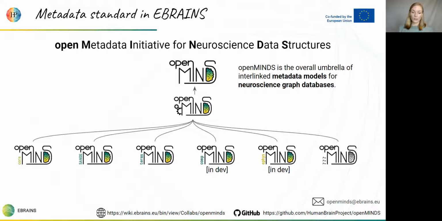As research products, openMINDS currently supports datasets with data from human, animal, or simulated studies, computational models, software tools, as well as metadata and data models, such as openMINDS itself, or BITS, for example, is.